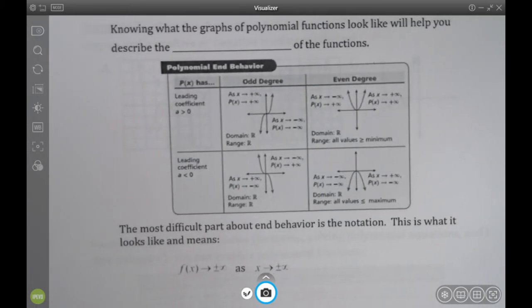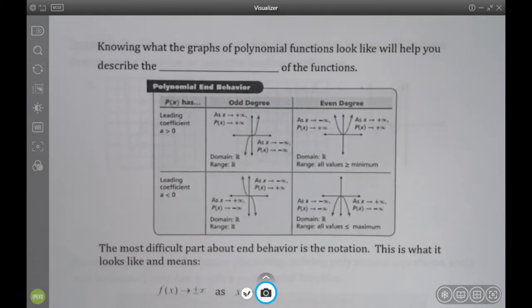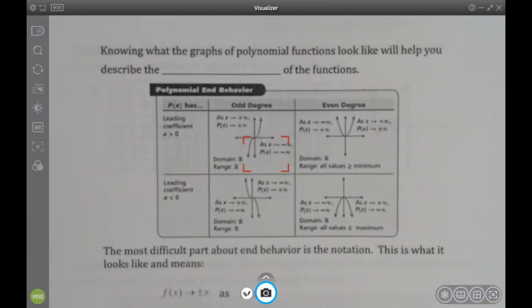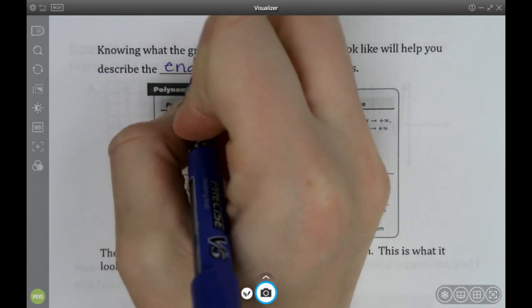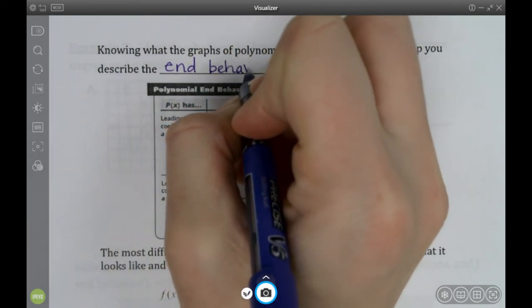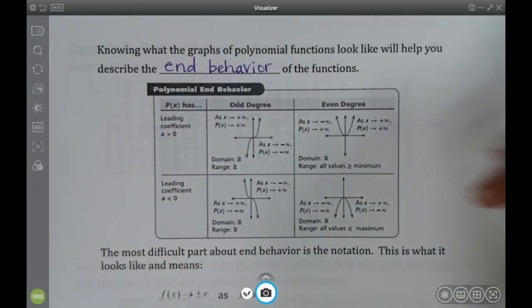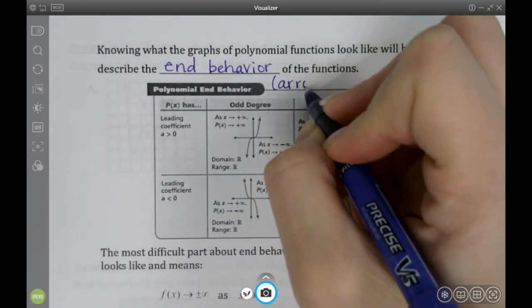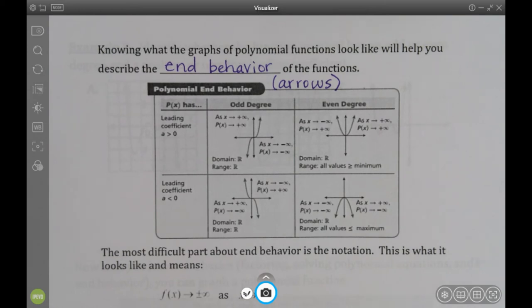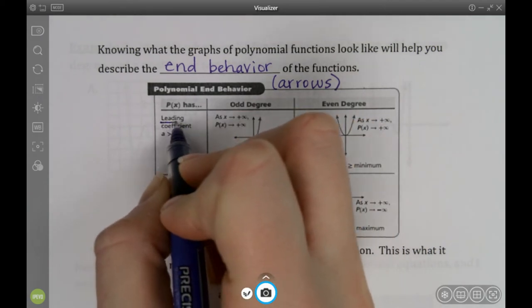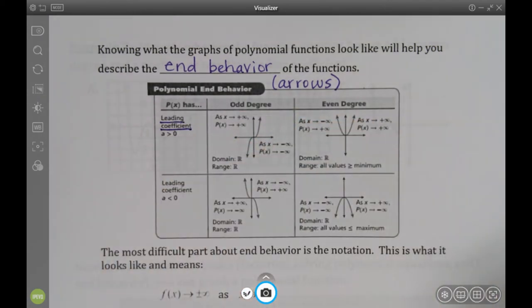So knowing what the graphs of polynomial functions look like can help you describe the end behavior, or the arrows, of your functions. So polynomial end behavior, leading coefficient, that just means the number in the very front.